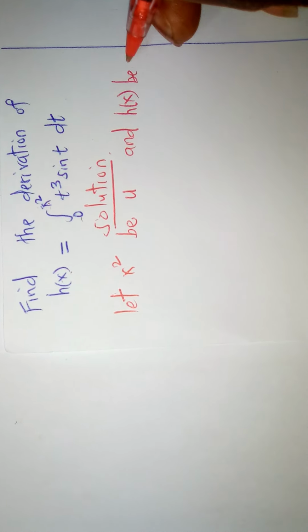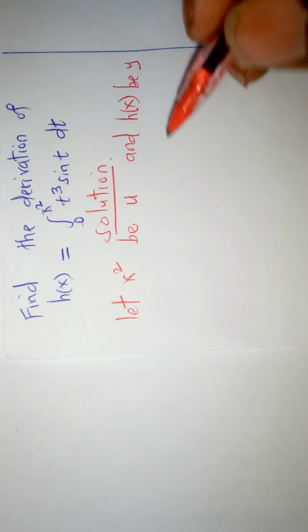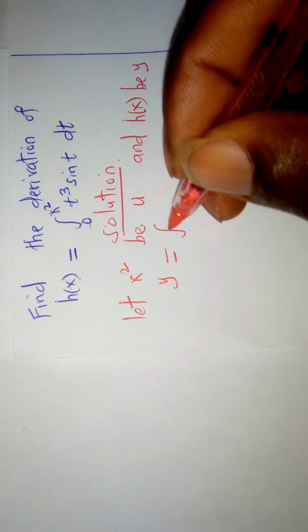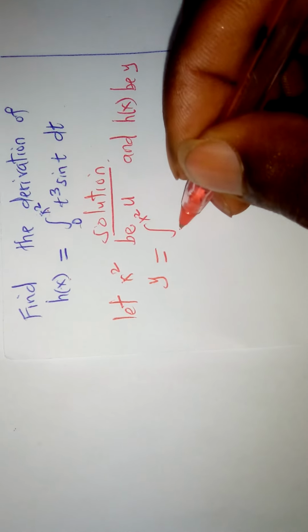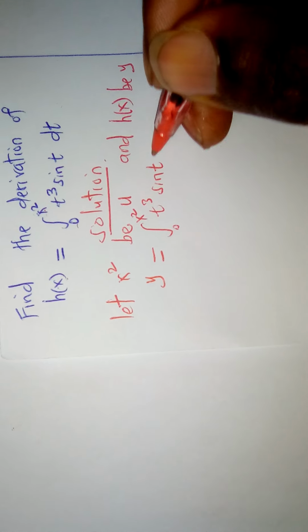Therefore if I replace them, y, which is h(x), is equal to the integral from 0 to x squared of t cubed sine t dt.